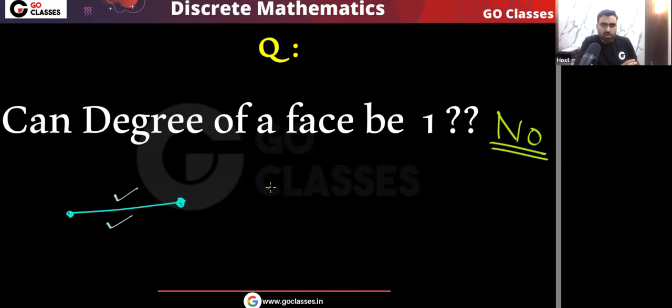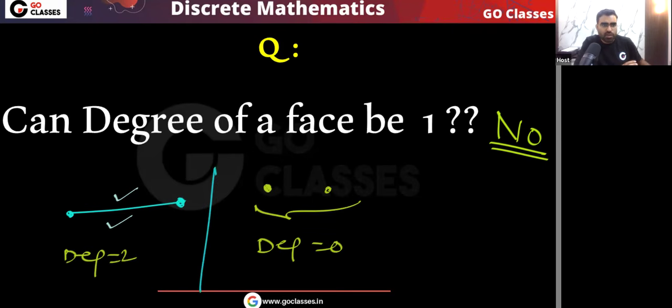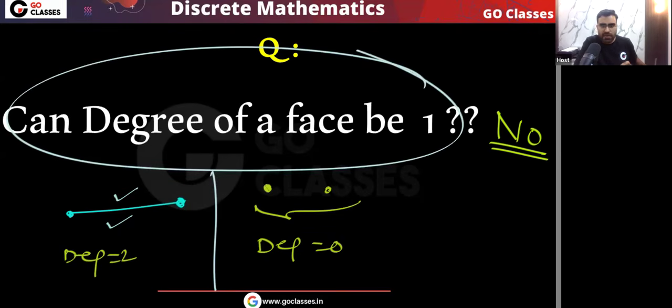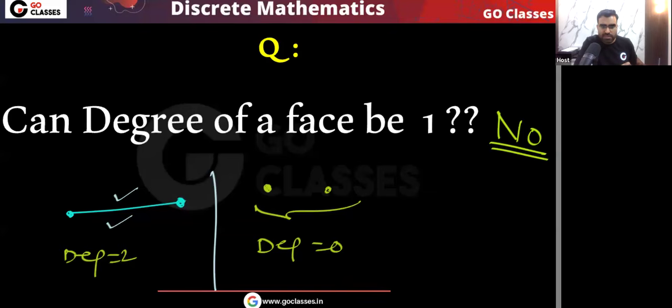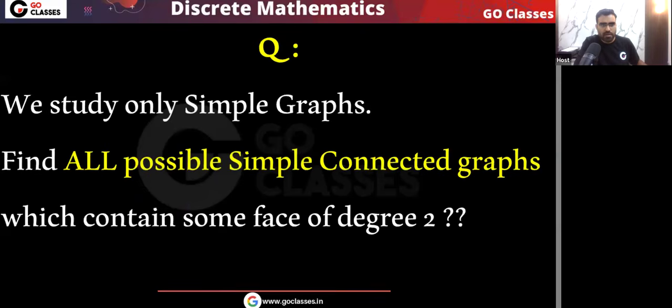And if you have no edge, then the degree will be 0. Here degree is 0. Here degree is 2. So whatever you do, the degree of a face can never be 1. Please understand. You can easily check.